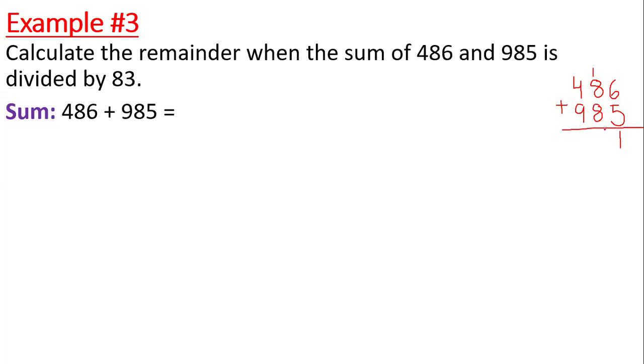Plus 1, 17. Put the 7 down, put the 1 up. 9 plus 1 is 10, plus 4 is 14. Very good. So we get 1,471. Did you all get that right? Yes, sir. Good.